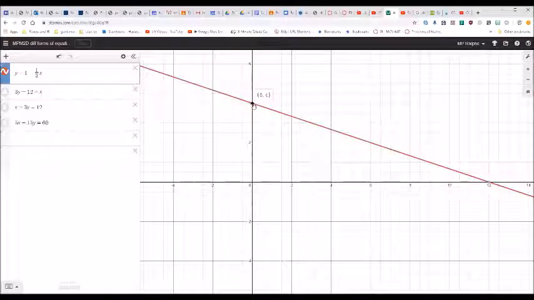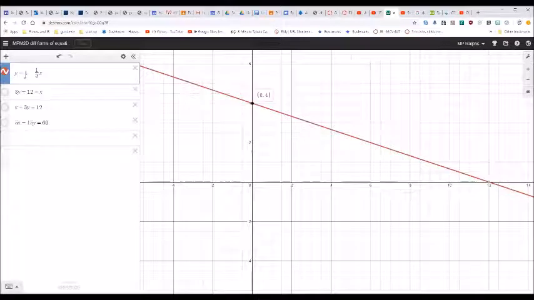So if I start on this point and go down 1 unit to (0, 3), and then run to the right 3, because we're always running to the right, 1, 2, and then 3, the point that I land on is (3, 3). So I've found another point on the line, starting from the y-intercept and counting out the slope. That's the form where the slope is a fraction of 1/3.